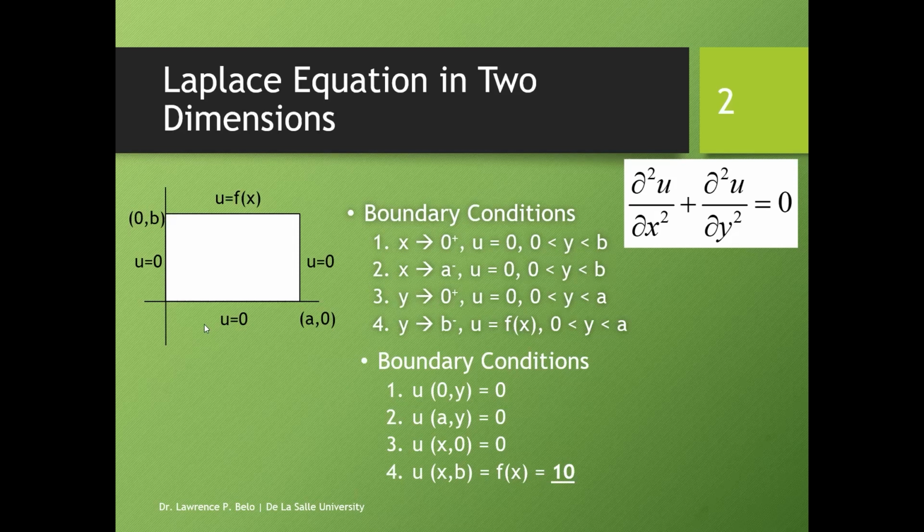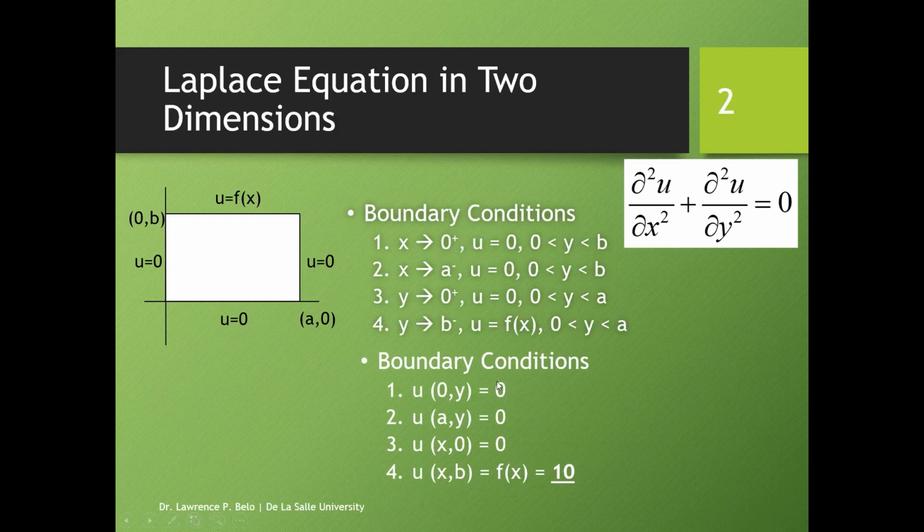As y approaches 0 from the positive, so this is the base, it is equal to 0. Right? When x is from 0 to a, actually that's not y, it should be x. x should be 0 to a. That's the base. But when y approaches b from the lower side, so the top, u is a function of x, from 0 up to a. So, from left to right.